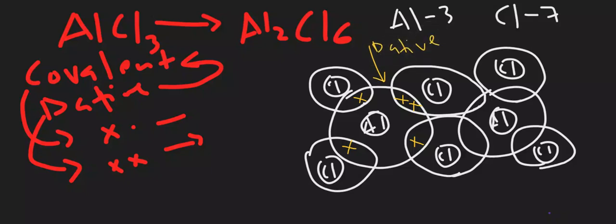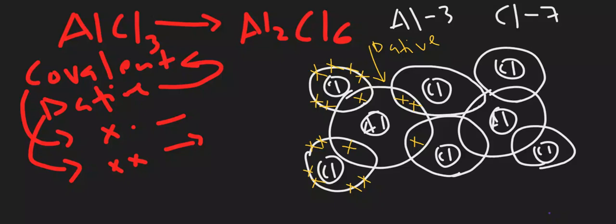But do not forget that this chlorine will be left with how many electrons? 6 electrons, because it only gave 1. Similarly, this one will be left with 6 electrons since it only shared 1 electron. But let me leave the other 2 chlorines separate. I will finish with them while talking about the other bond in aluminium.